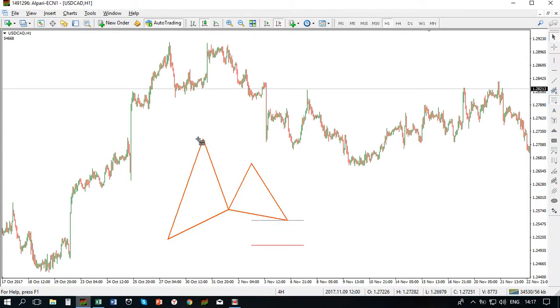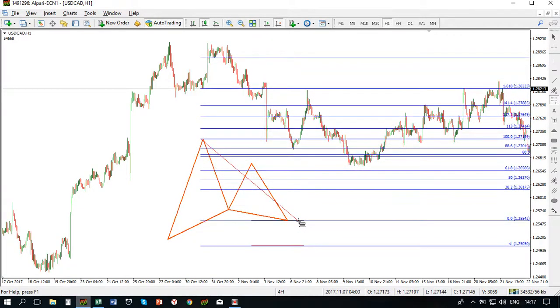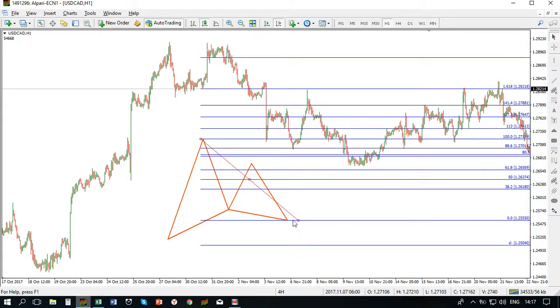So the best risk to reward we have is when price reverses exactly at this point, exactly at the point that we predicted. So in this case we generate 63.4 and we're risking only 50.4.